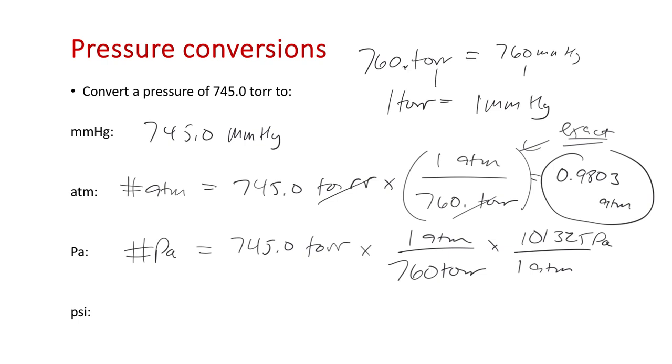I probably could have done this in one step if I thought about it as well. But I'm just using the common unit of the ATM to help me make this conversion. I could have, of course, just also run with the 0.9803 ATM above and continued from that step as well. But I just want to make sure we see how you convert from torr into Pascal, from ATM to Pascal. We're just using that common unit of the ATM.